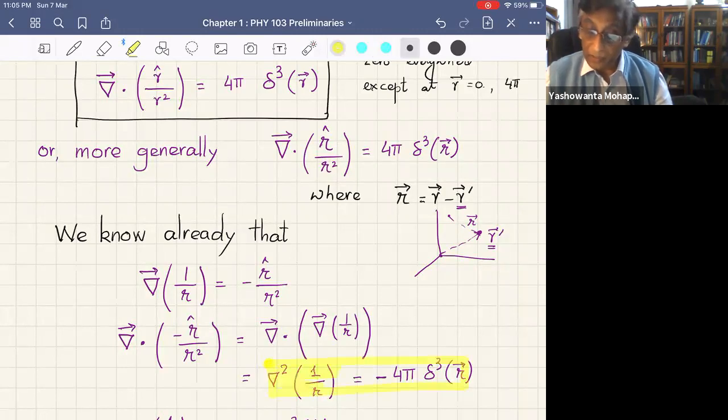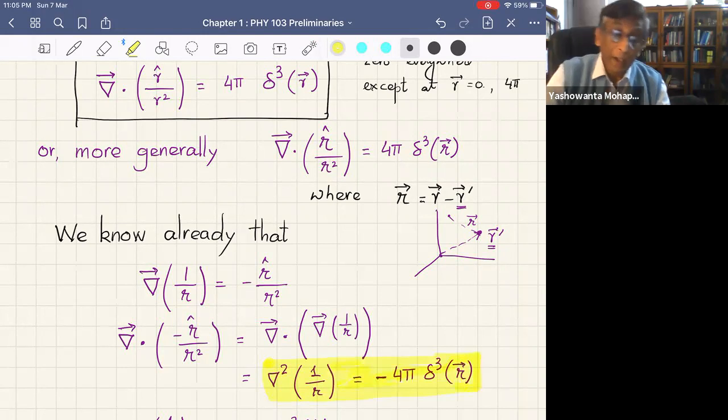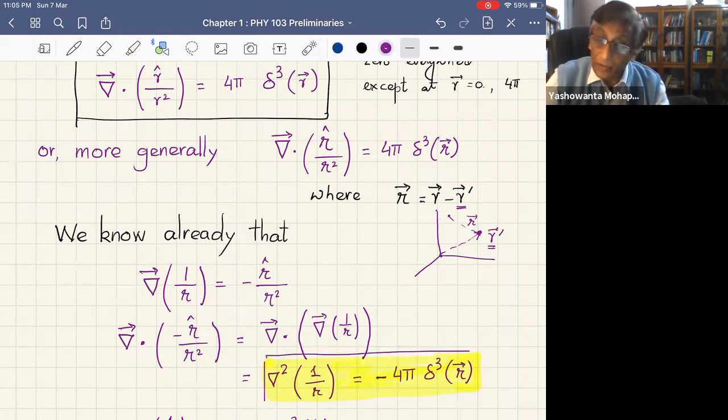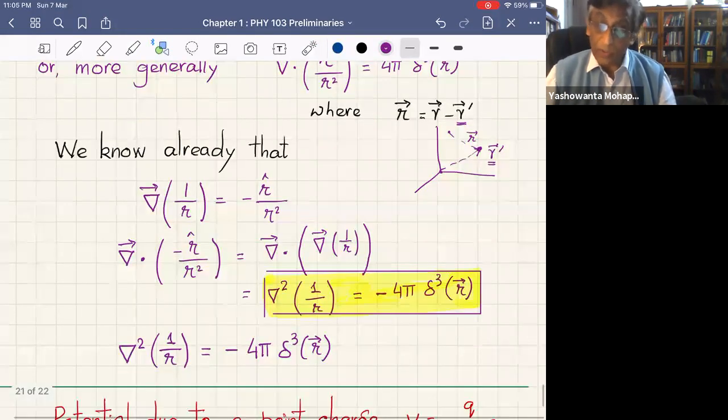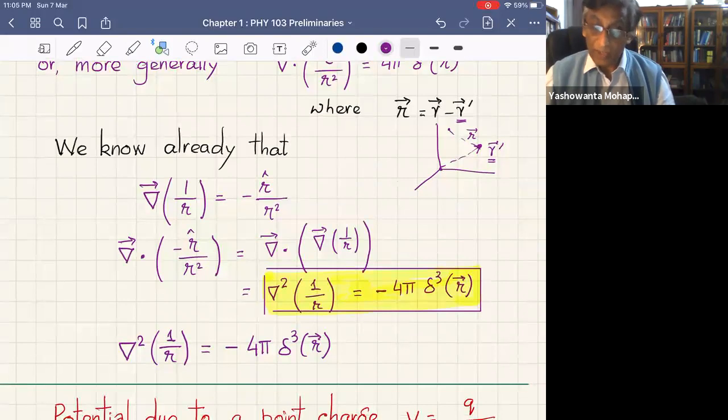That is, the Laplacian del square of 1 by r, where r is measured from the source coordinates, wherever the source is. This indeed is an important relationship. In fact, all these relationships are important. So del square 1 by r is then minus 4 pi del cube r.